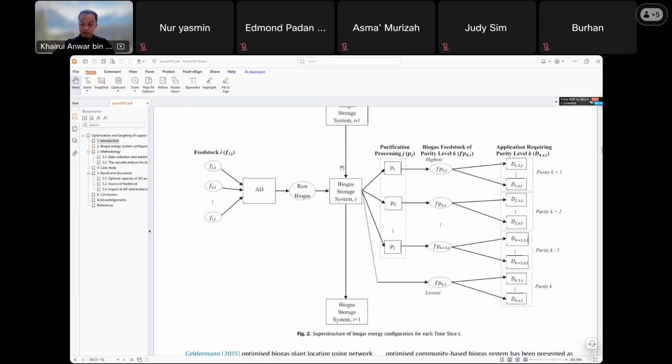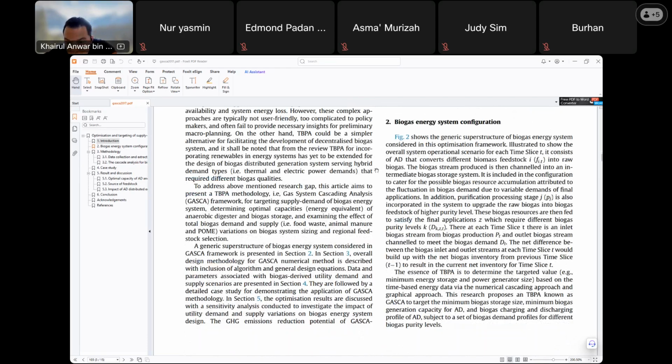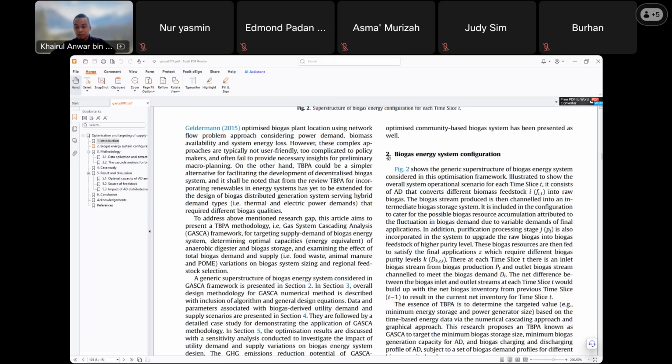So PT is the demand. PT is biogas production. Biogas production PT.